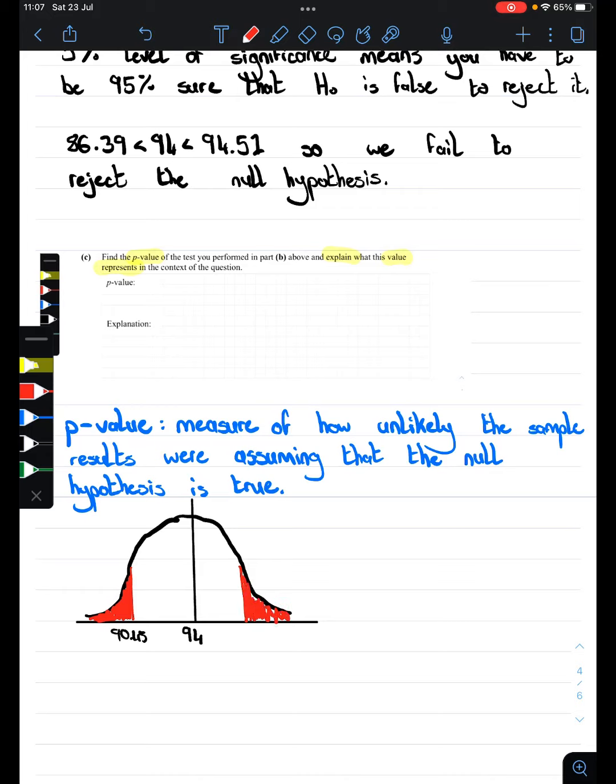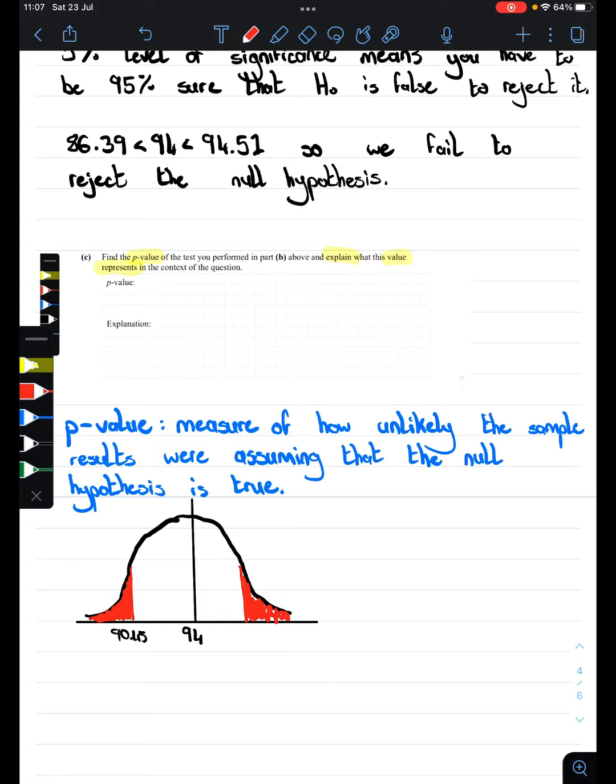So anything red would be less likely than the results. So given our assumption that the mean is 94, what's the probability that something less likely than our sample results occurs?